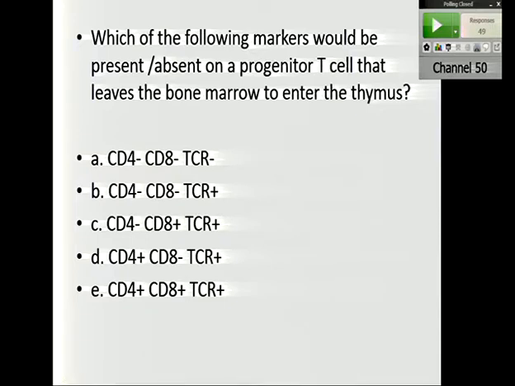Double negative and nothing. They arrive naked to the thymus. They have nothing on their surface. So they are double negative, TCR negative, because it's in the thymus that all the rearrangement takes place. Remember, when they leave the bone marrow and reach the thymus, they have nothing on their surface, not even a T cell receptor.